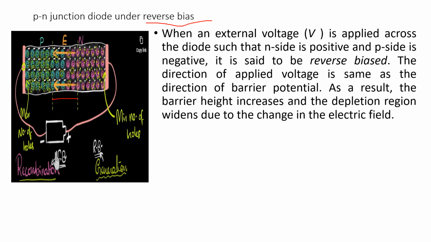When an external voltage V is applied across the diode such that the N side is positive and the P side is negative, it is called reverse bias.